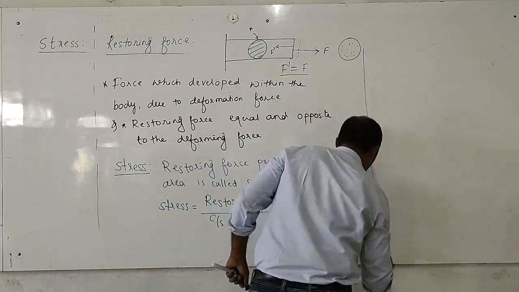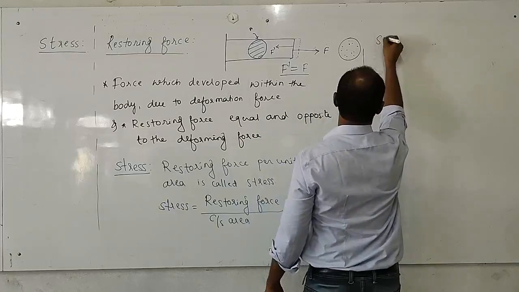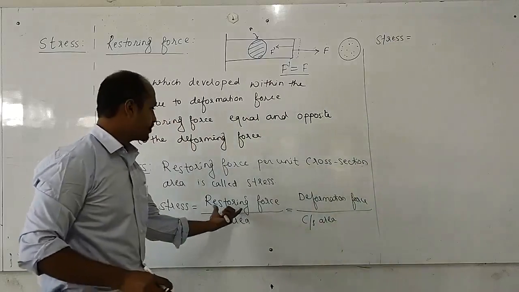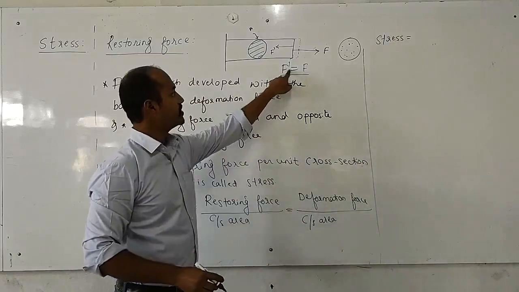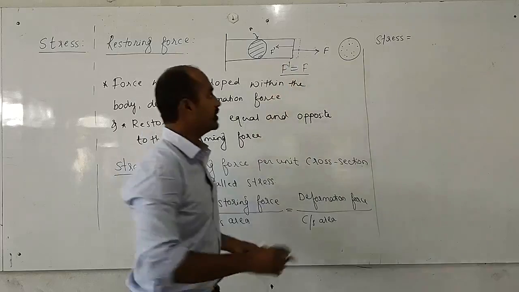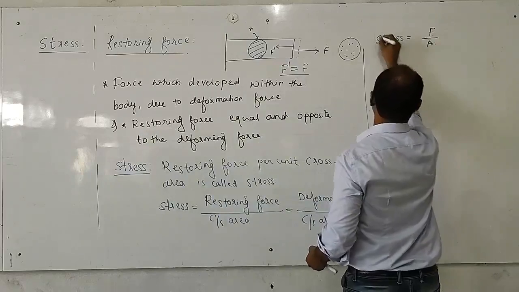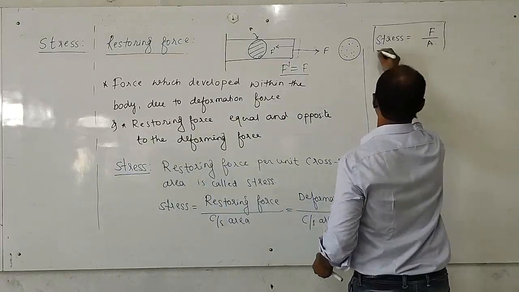F dash is equal to F, so I write F divided by the cross section area A. So this is what stress is.